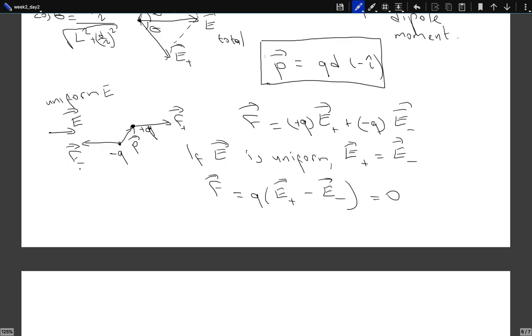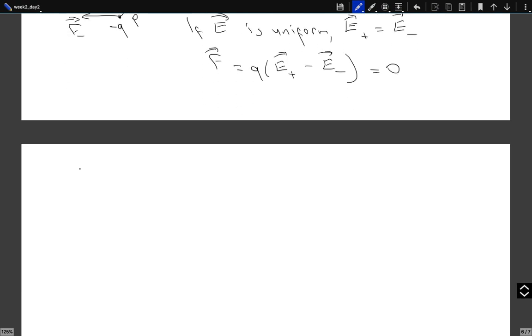Now let's calculate the torque acting on this dipole due to these forces. Let me just draw it a bit larger. This is the plus q charge, and this is the minus q charge. The electric field is uniform everywhere in this direction. Let us assume that this dipole cannot change its shape.